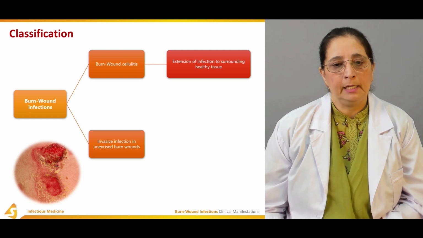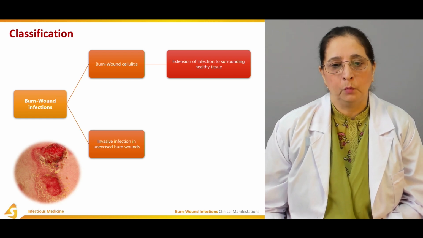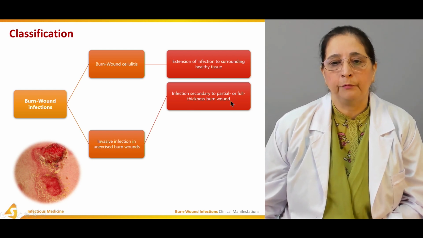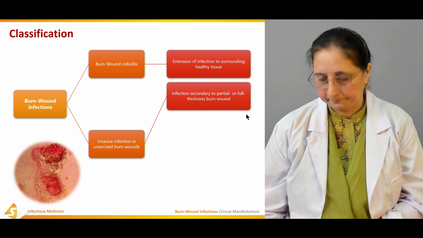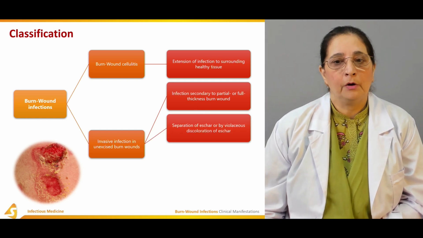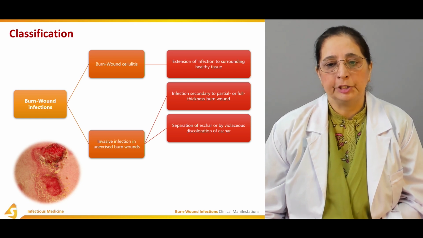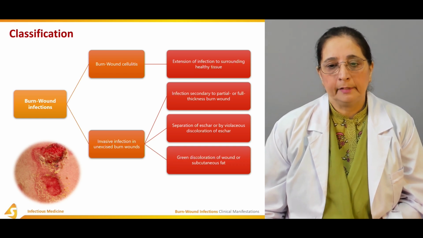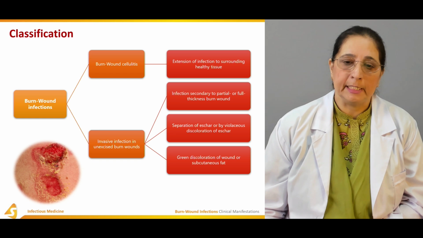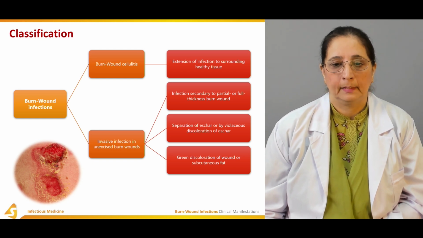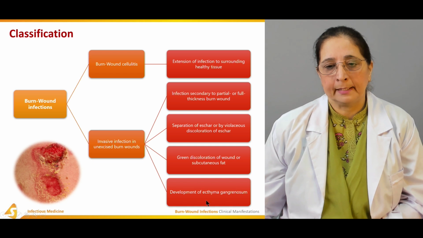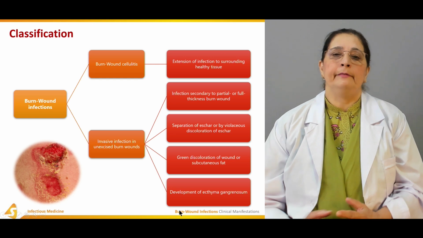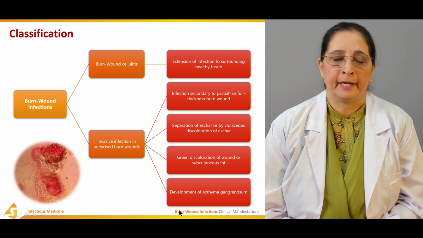Invasive infection in unexcised burn wounds. Infection secondary to partial or full thickness burn wounds. Separation of eschar or violaceous discoloration of eschar. Green discoloration of wound or subcutaneous fat. And development of ecthyma gangrenosa. So all these are different classifications of the burn wound infections.